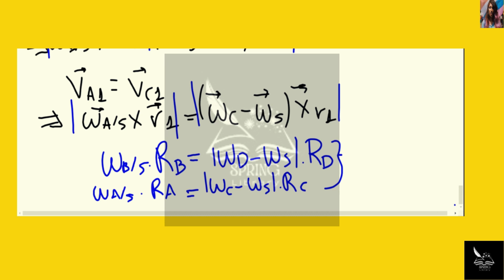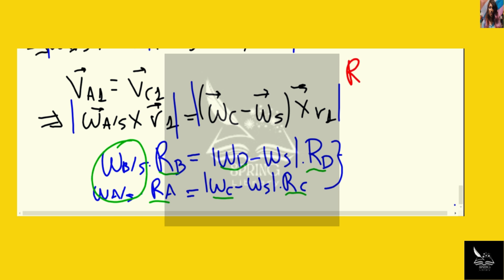So we have now this nice system. We know that one. We know that one. We can calculate these from the drawing using some trigonometry, and I'll just tell you the results. And we can eliminate these two because they are the same.